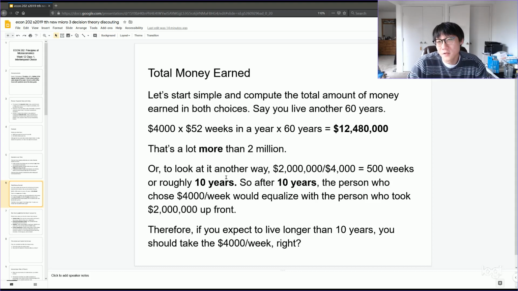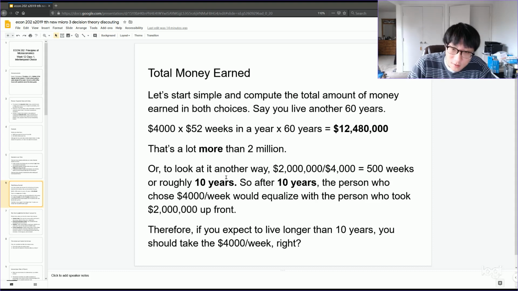Say you plan to live another 60 years. How much would $4,000 a week be if you live for 60 years? Well, $4,000 times 52 weeks in a year times 60 years amounts to something like $12 million. Now, that's obviously more than $2 million.